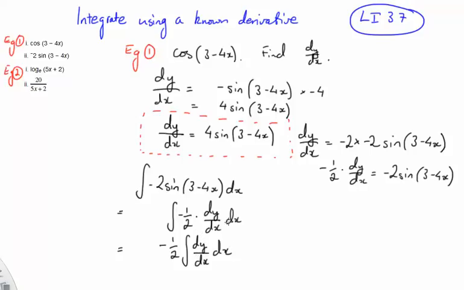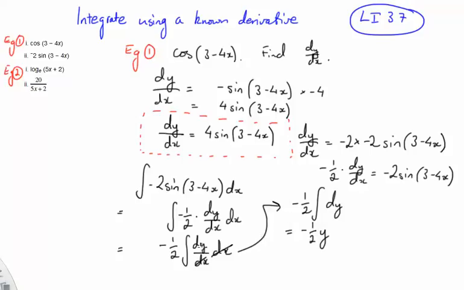That's one way to think about it. Another way is that you can cancel the dx's and be left with negative a half the integral of dy. You can always assume there's a 1 times dy, so that equals negative a half y. So a couple of ways to think about that.